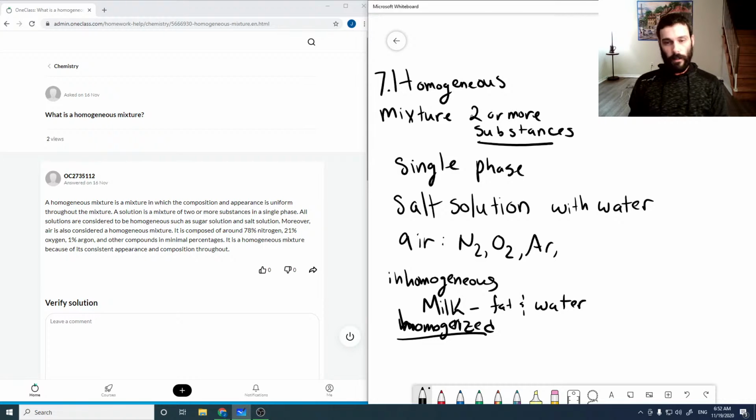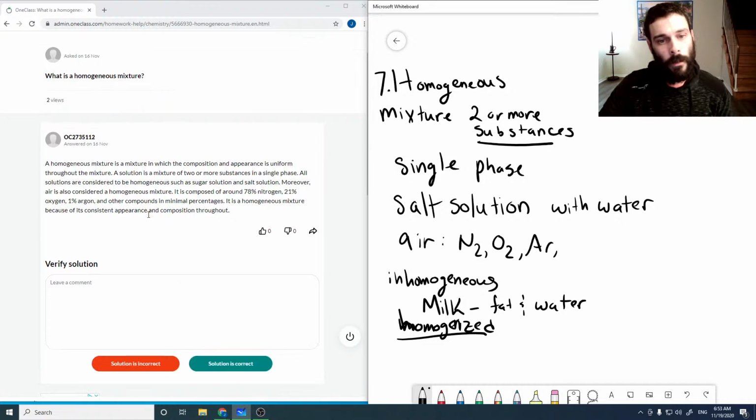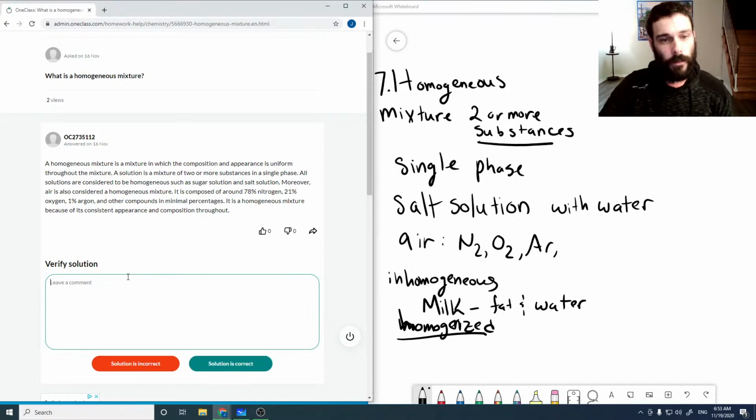Also, lots of solids are inhomogeneous. There's plenty of minerals that if you look in one location or another, it'll be different than another area. In which the composition and appearance is uniform, and all in a single phase.